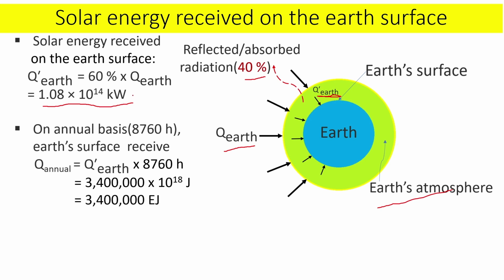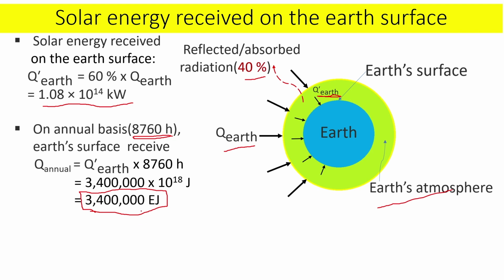So if we multiply it over the entire duration of a year, which corresponds to 8760 hours, we will get the total amount of energy which the earth receives on an annual basis, right?